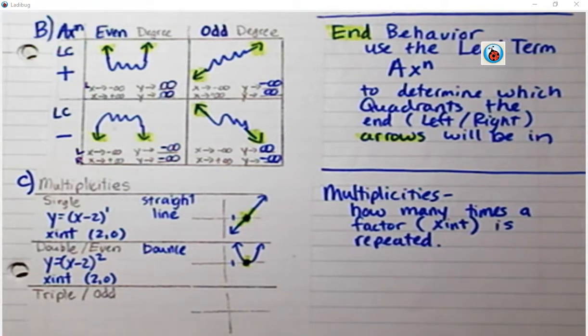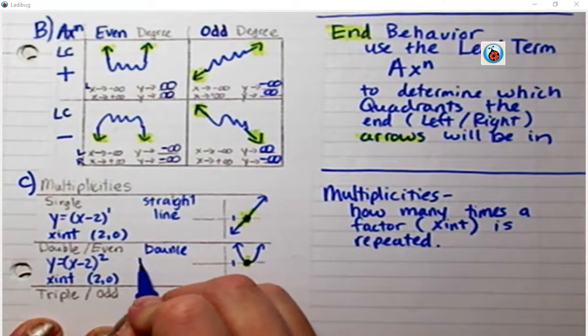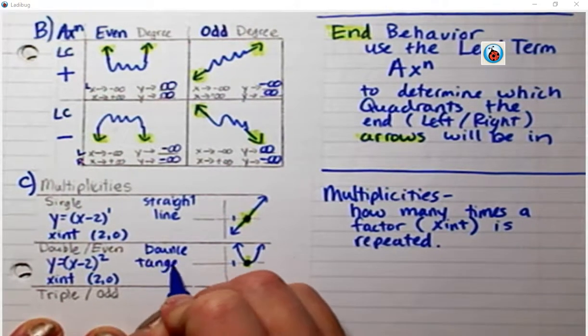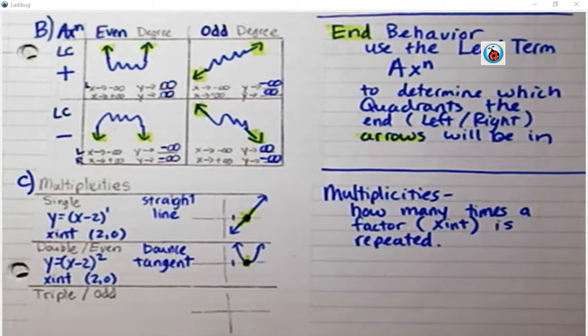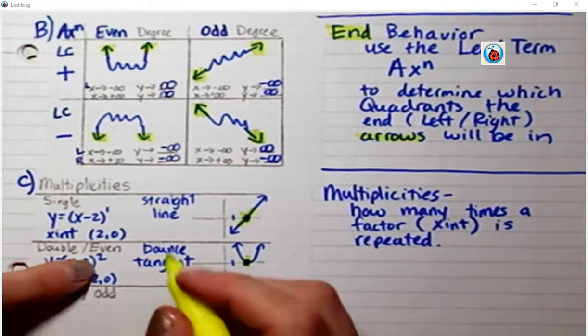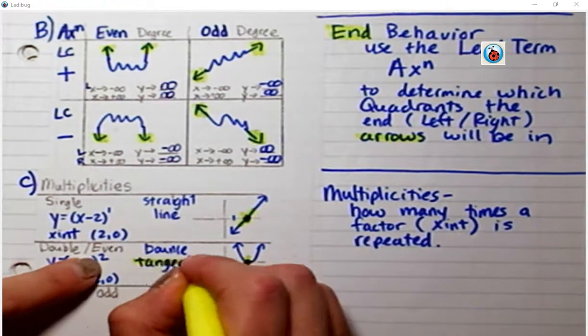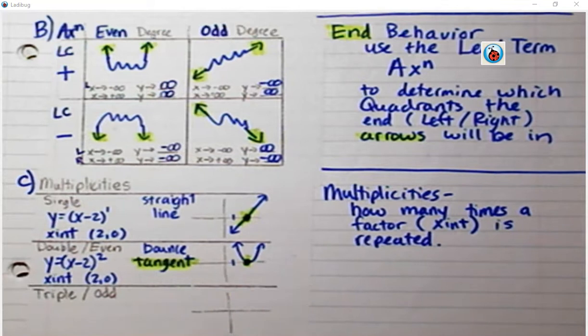We know that word is called tangent. When it's an even or a double, it's a point of tangency. That's what it means when it touches and bounces right back off. It's tangent to the x-axis.